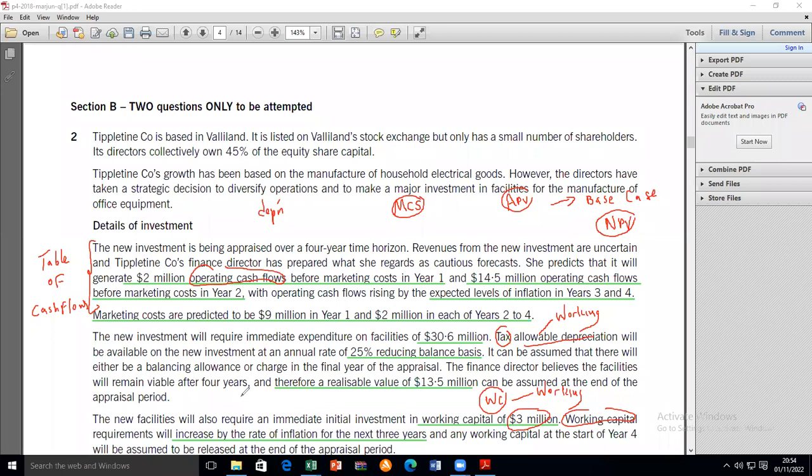After this, we know that the major item, which you must even learn before the exam, how to arrange your workings, is the discount rate. So each one of you should come up with your own way of arranging your cash flows to find a discount rate.